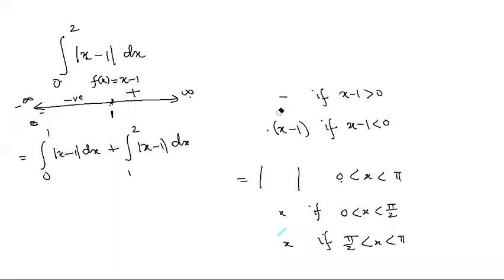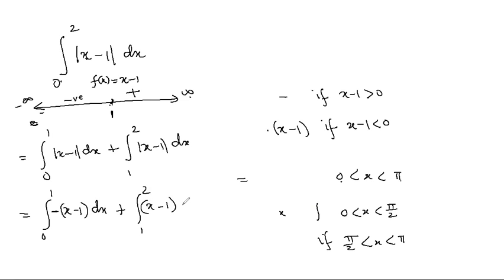I know that in 0 to 1, it is a negative function, x minus 1. But modulus is always positive. So what I'll write? For a negative function, one minus will be put, so it becomes positive. Now this number is positive, put any number from 0 to 1, this will be a positive number. And 1 to 2 is always positive, so the modulus makes no difference.